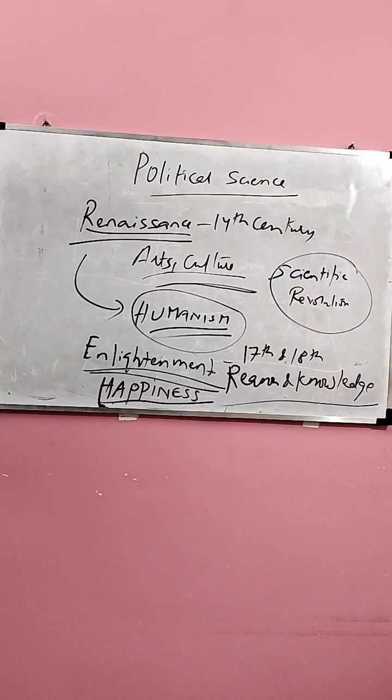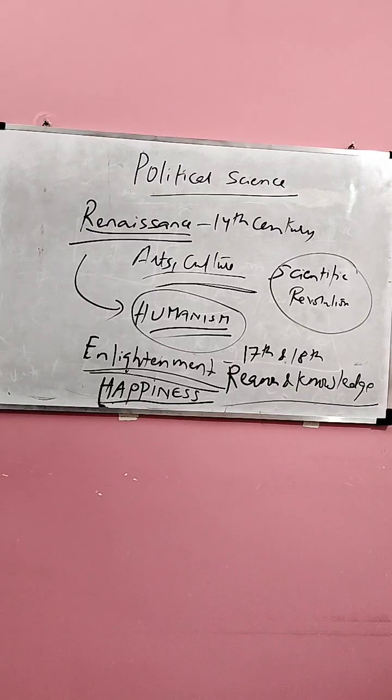These values were given by Enlightenment. Enlightenment also spoke about the importance of liberty of man. Man should be free. He should not be under slavery or other forms of control, both physical and mental. So, Enlightenment was a drastic transformation in the society of Europe.